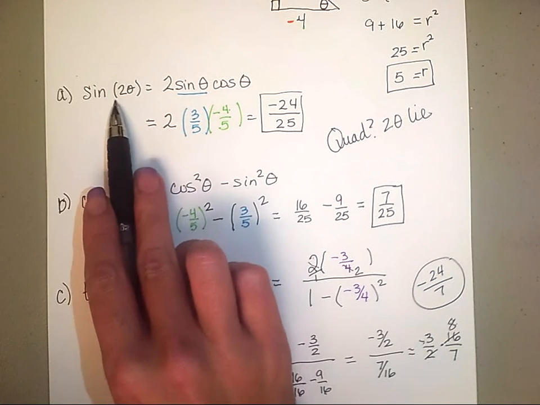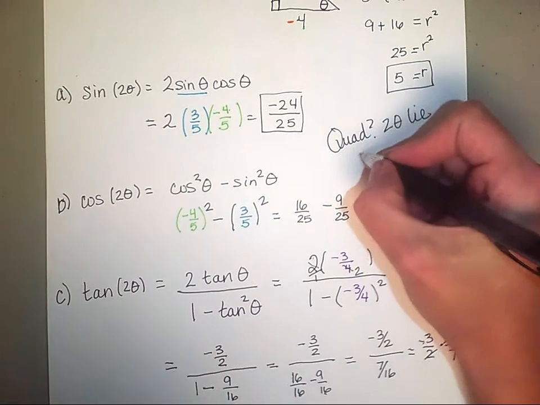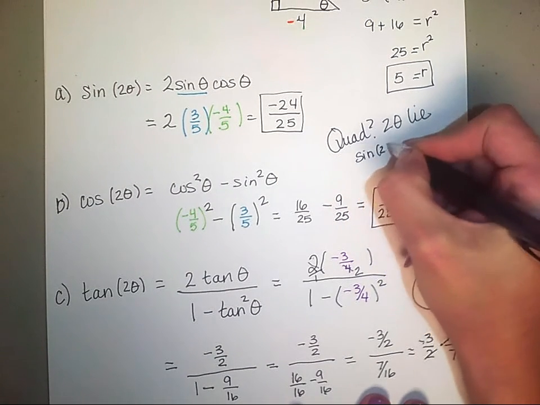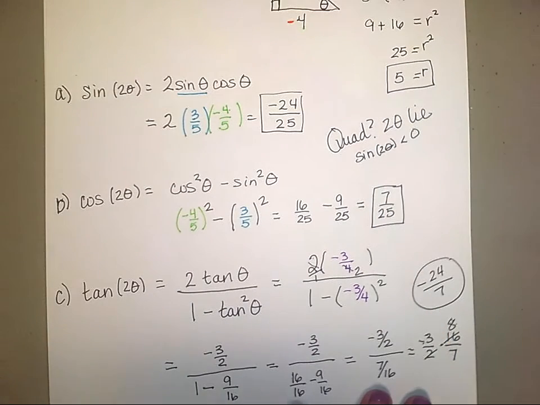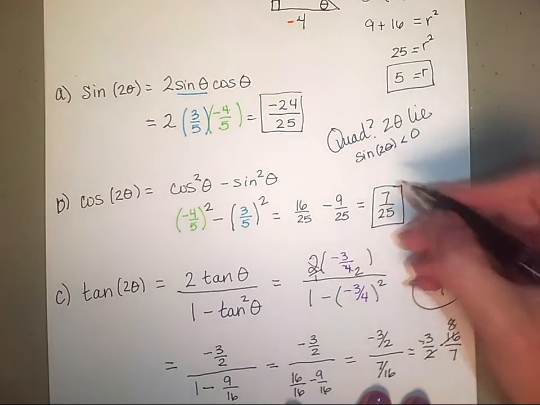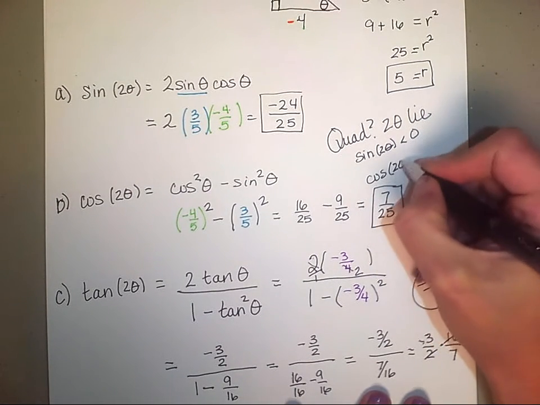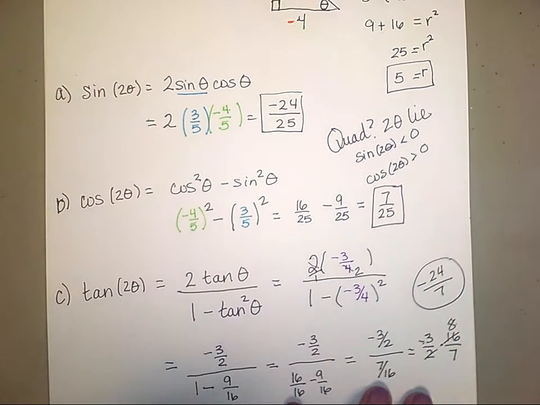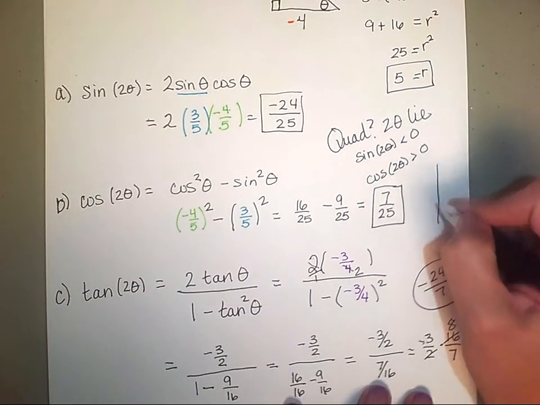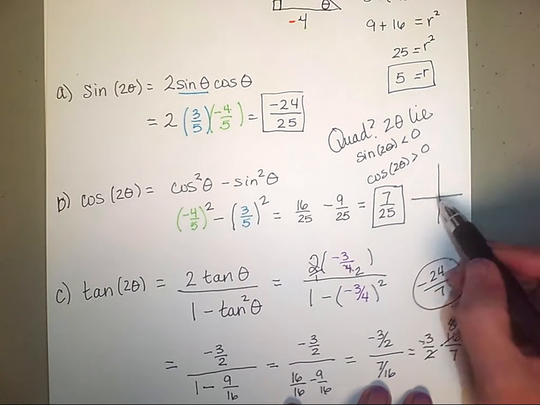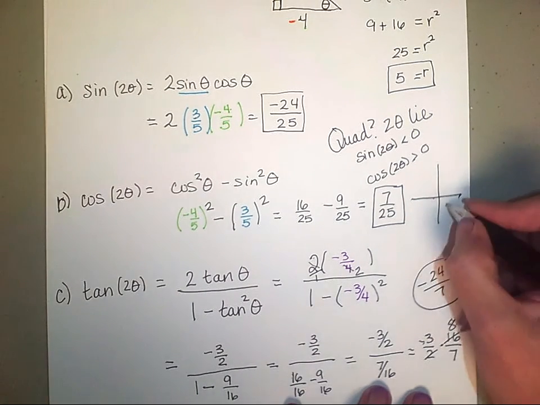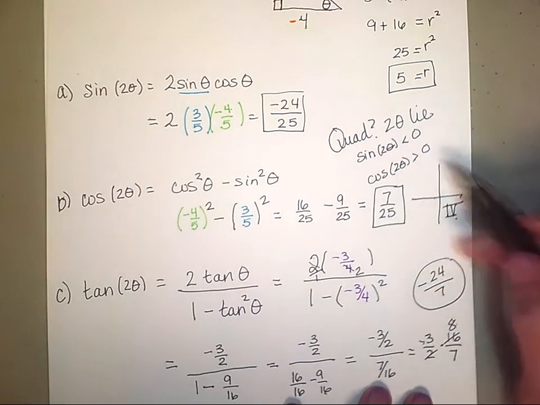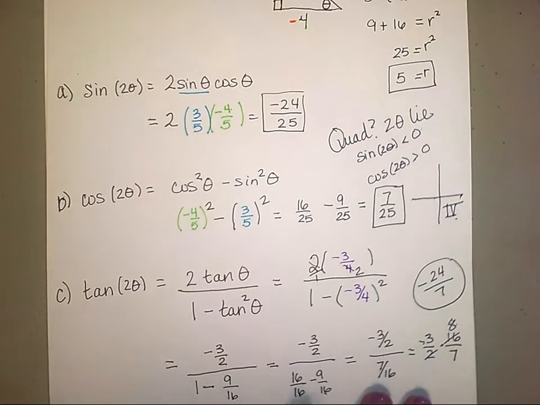The sine of 2 theta is negative, so 2 theta is less than 0. And yet the cosine of 2 theta is greater than 0. If we remember our quadrant map, if the cosine is greater than 0 and the sine is less than 0, that would put us in quadrant 4. So 2 theta lies in quadrant 4.